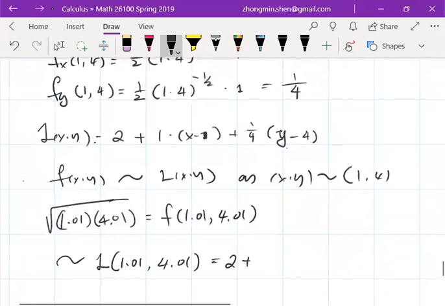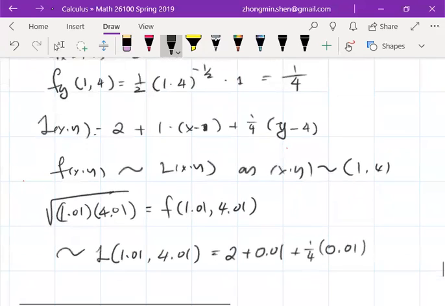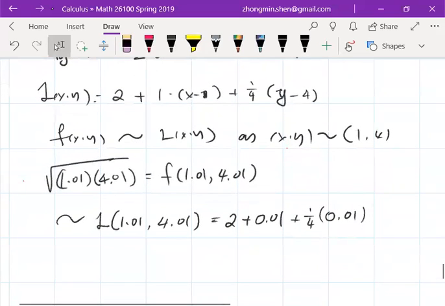X: 1.01 minus 1 is 0.01, and plus 1/4 times, and this 4.01 minus 4 is going to be 0.01 again. So you can quickly get, it's almost equal to, but the additional term is pretty small, okay?